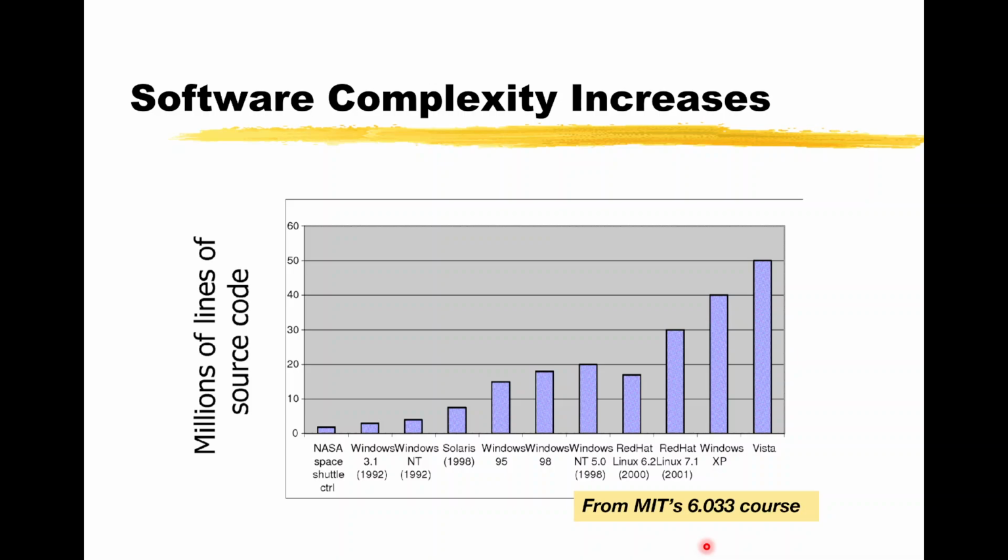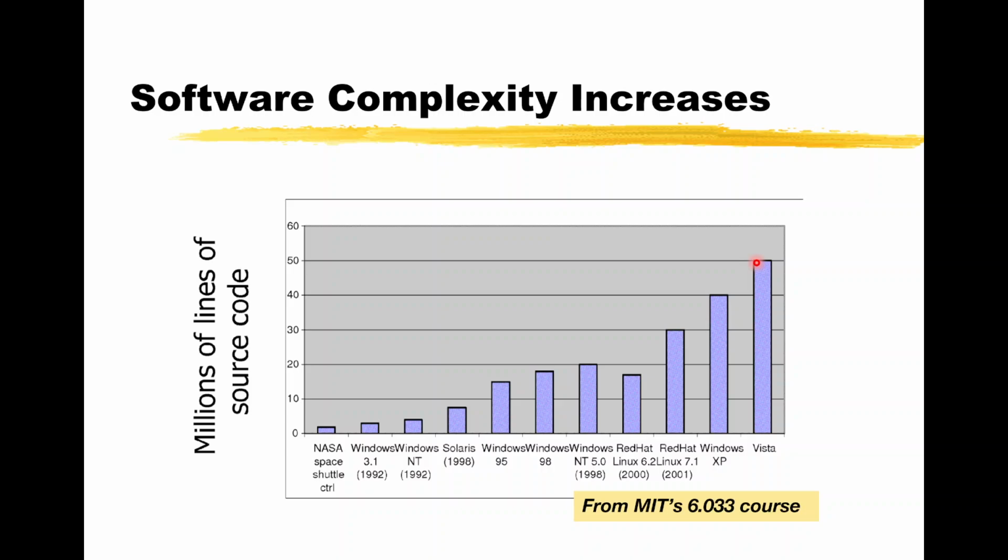The complexity of the software also had to increase. Millions of lines of source code have been created over time, from back in the days of the NASA space shuttle. We now have Windows 3.1, and you can see it rise from virtually just 3 million lines of code to, by the time Vista came out, more than 50 million lines of code in the software.